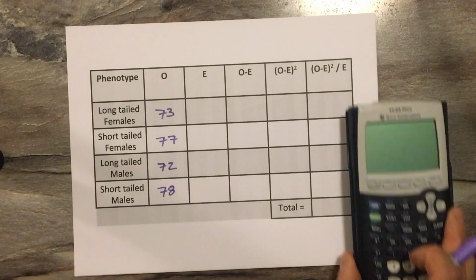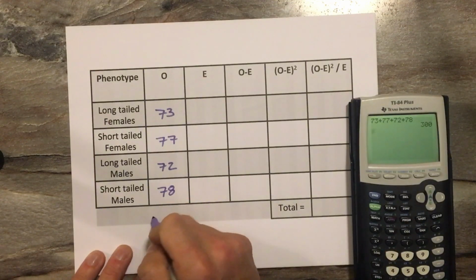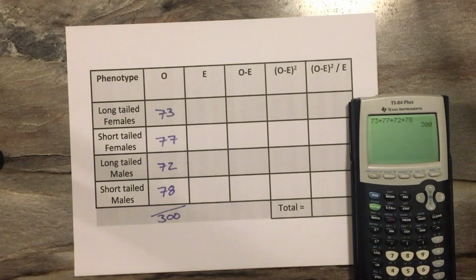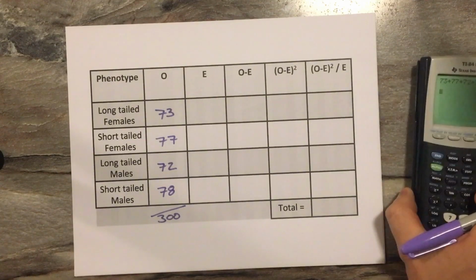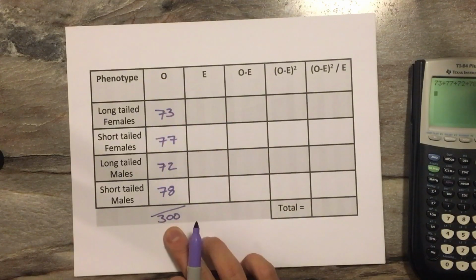All right. If we add those numbers up, 73 plus 77, okay, we should get an even 300.